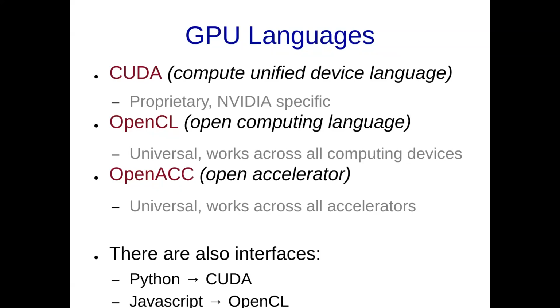OpenCL is the other side, where it is open computing language. It's not at all proprietary. And it's supposed to work across all computing devices. That way it is universal, right? Think about CUDA as Windows and OpenCL as Linux in the high-level sense. People have been saying that OpenCL is going to replace CUDA and we will do all our acceleration in OpenCL and so on.